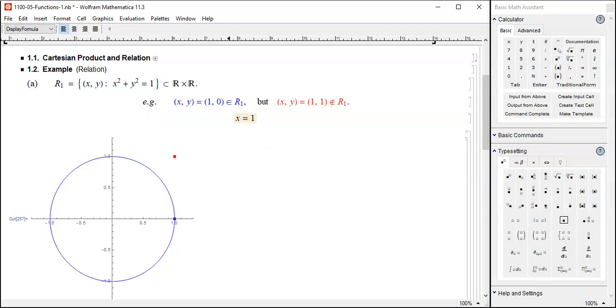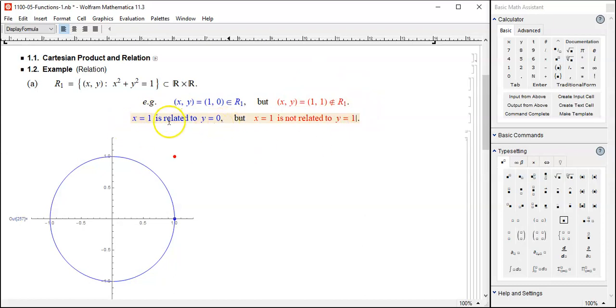X value 1 is related to y value 0, (1, 0), but x value 1 is not related to y value 1, (1, 1) there.